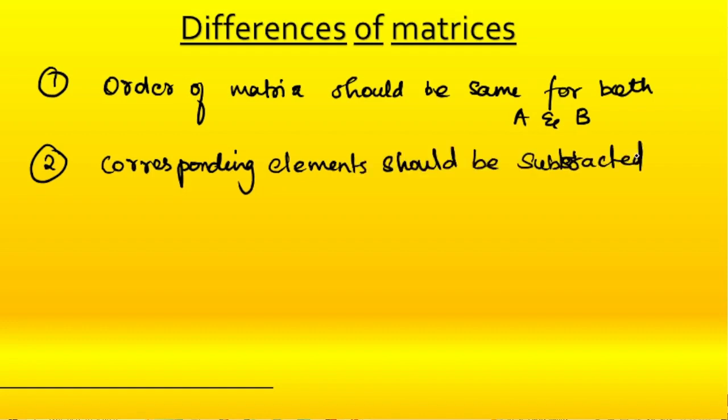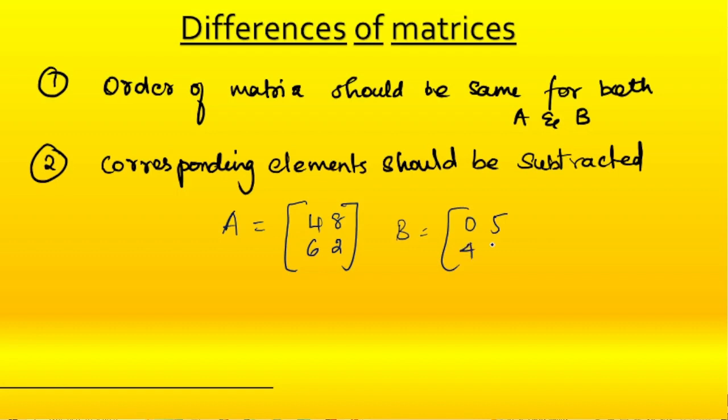So corresponding elements should be subtracted. I'm going to consider here the A matrix and a B matrix. So the A matrix is going to be something like 4, 8, 6, 2, and my B matrix is going to be 0, 5, 4, 1.